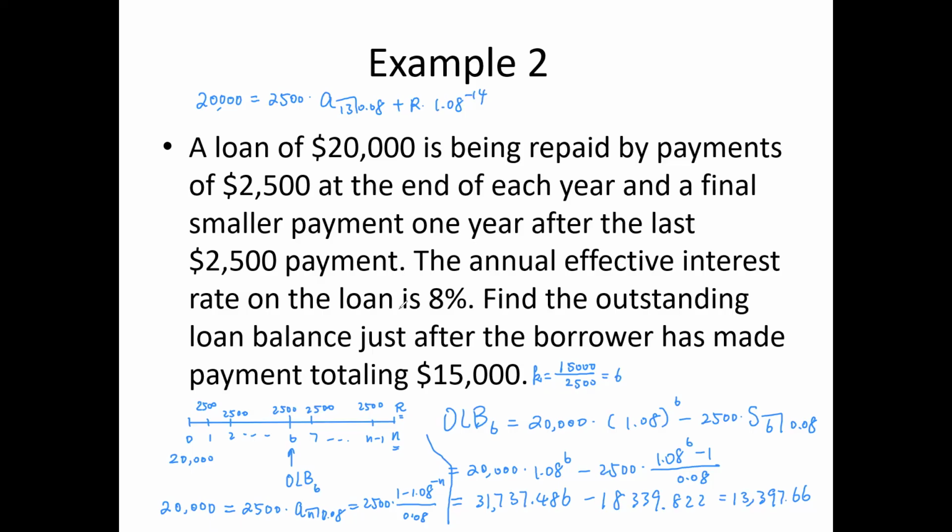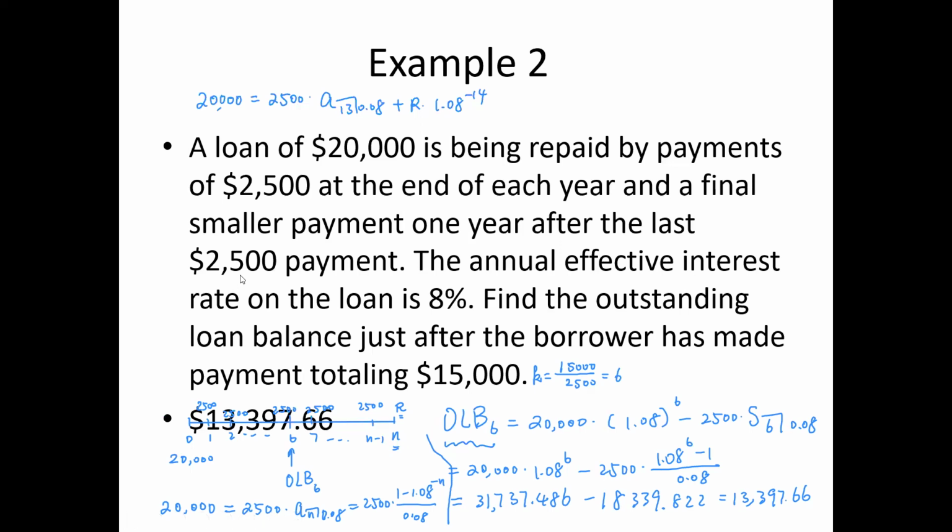So you can solve for R. But for this problem, our main purpose is to find the balance at time 6. So we should be okay with the answer now. All right.